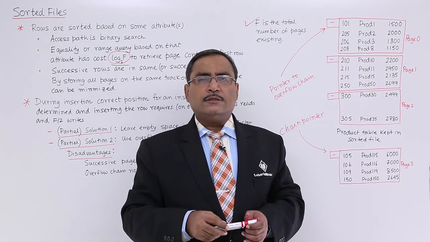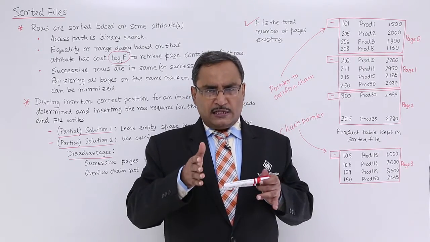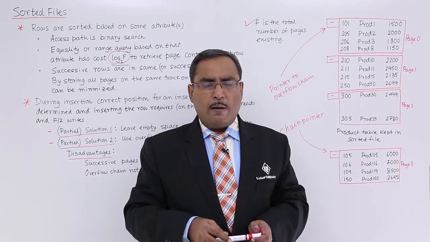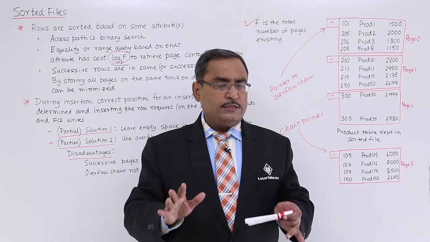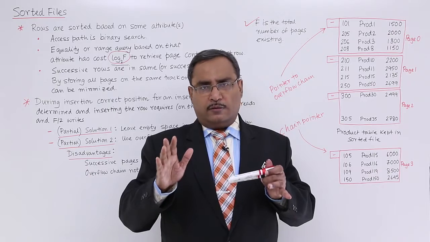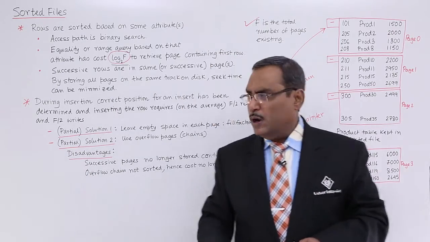Where these insertions will be made in future is also unpredictable. Space left in every page might not get used in the near future. So these are the disadvantages of partial solution number 1.